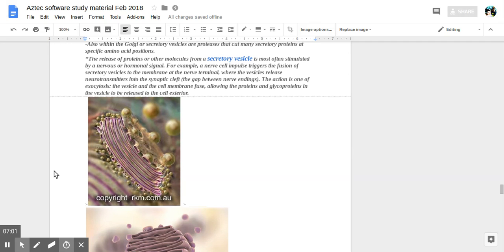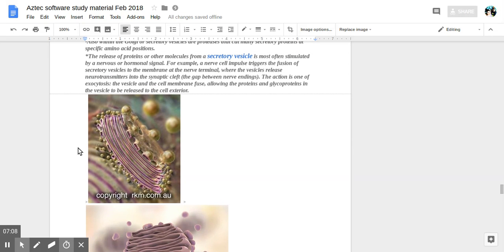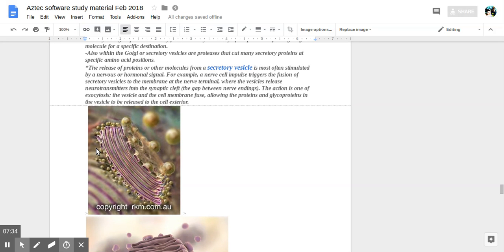The release of proteins or other molecules from a secretory vesicle is often stimulated by nervous or hormonal signal. For example, a nerve cell impulse triggers the fusion of secretory vesicles to the membrane at the nerve terminal, where the vesicles release neurotransmitters into the synaptic cleft or the gap between nerve endings.